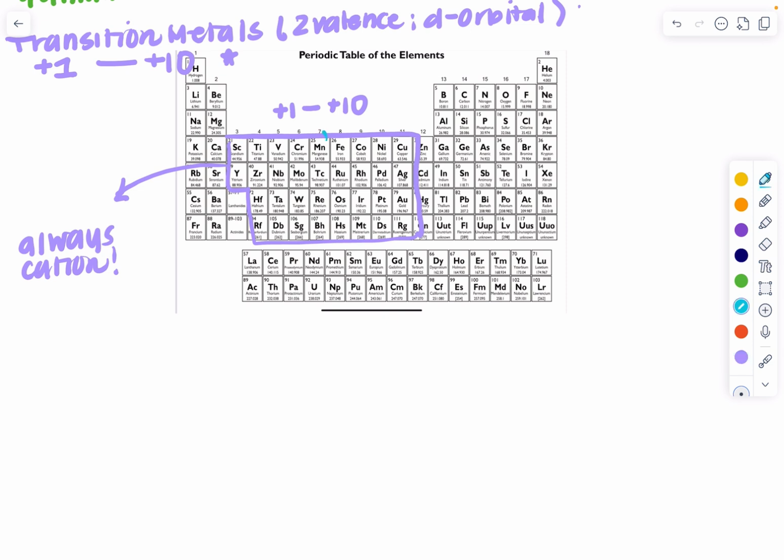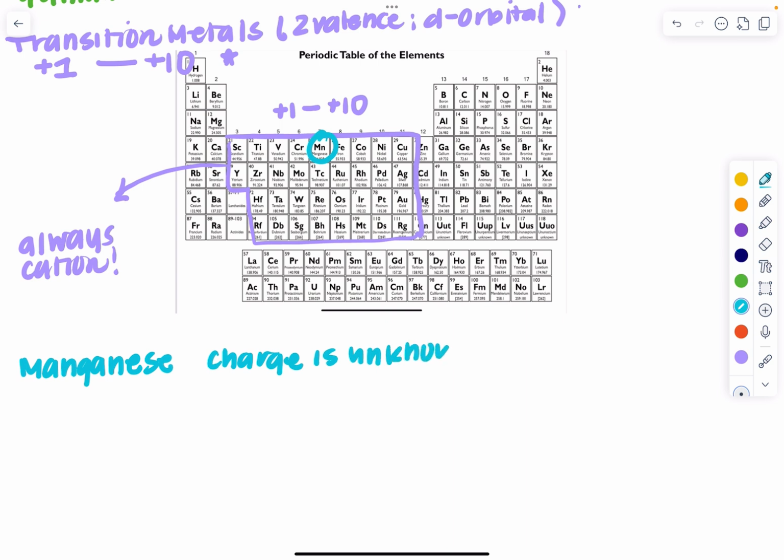Let's look at something like manganese. Manganese, the charge is unknown, but we know it's somewhere between +1 and +10. Now, if you see something like MnO, or manganese oxide, this actually tells us a lot. Because manganese is bonded to oxygen.